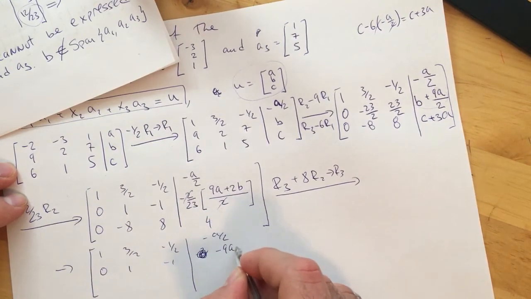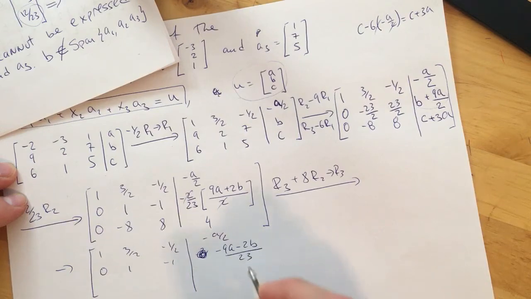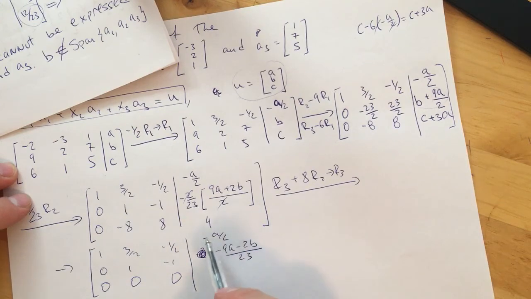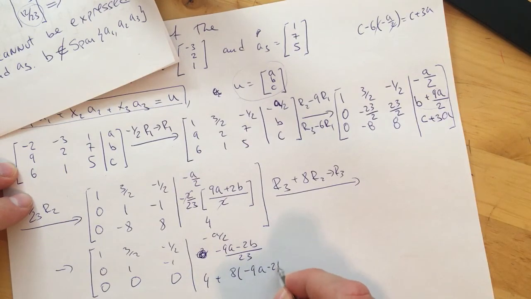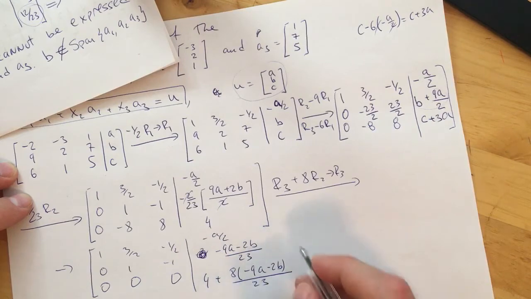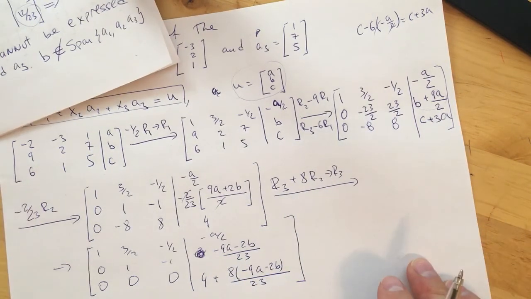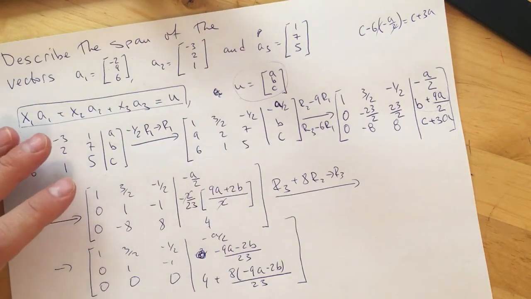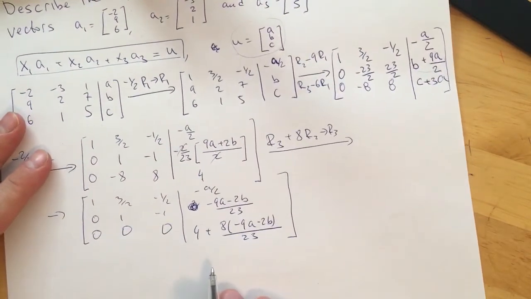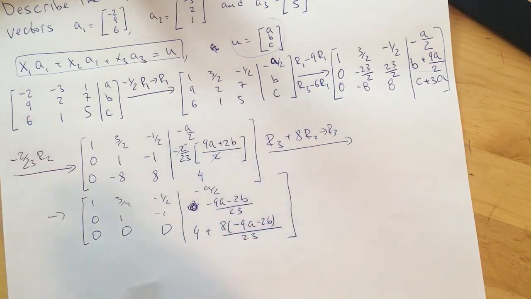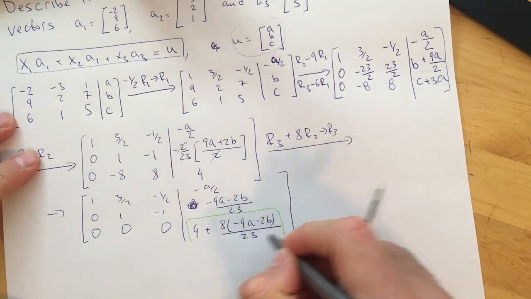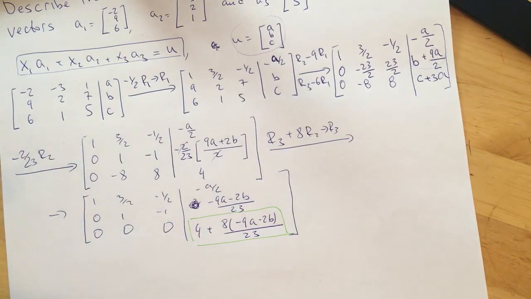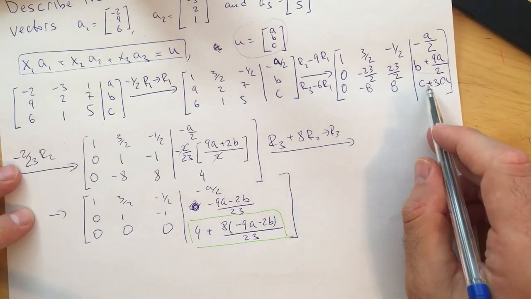And finally here I have 0, 0, 0, and this is c plus 3a plus 8 times (-9a - 2b)/23.